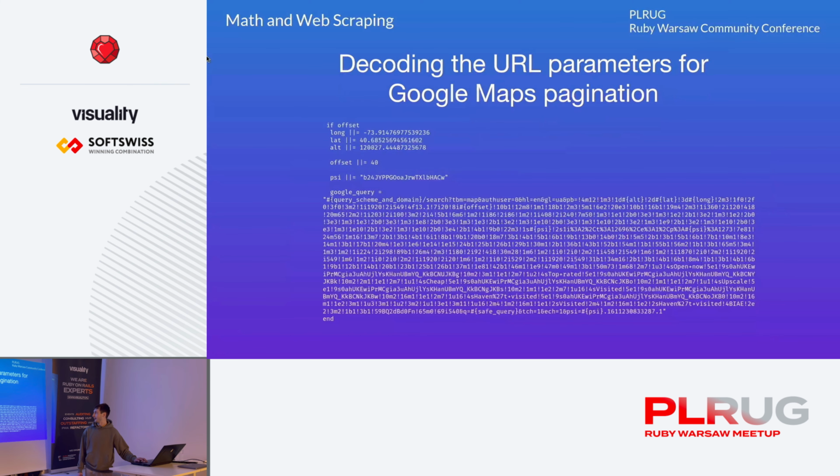And after reading the source code of Google Maps JavaScript, trying to understand what's inside, we found out that there are several places where we can pass our altitude, latitude, longitude, and also the query, and somewhere inside there is also a pagination offset.